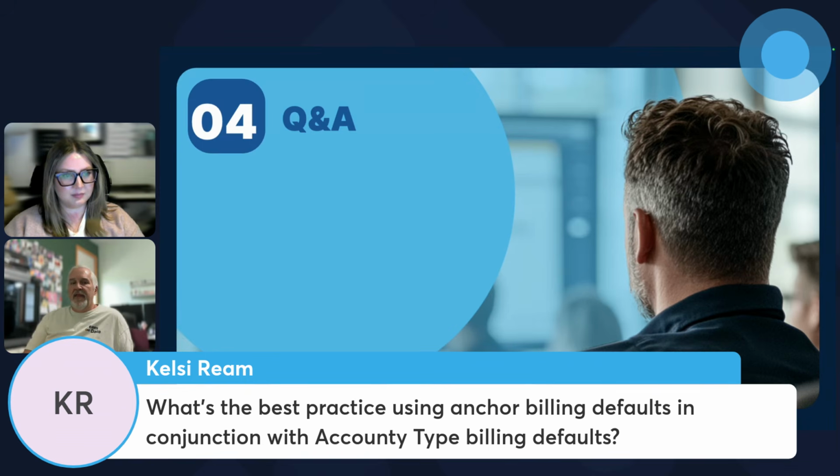And then in that instance, it will go back to the standard account type billing defaults based on the type of account that you're creating. So yes, you can do that.